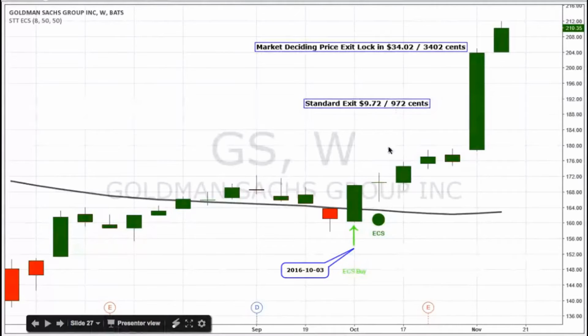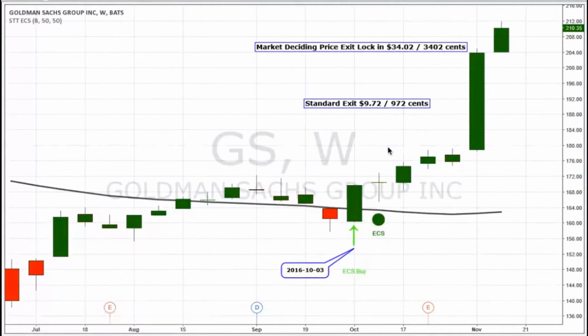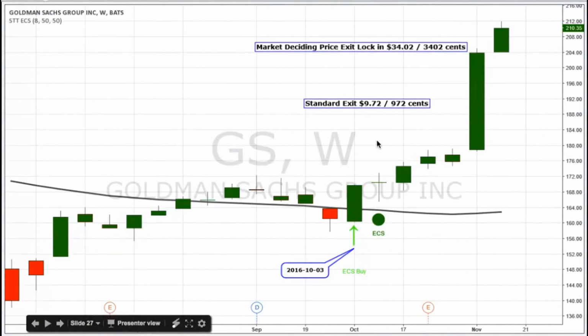So on this trade, you would have made $9.72 per share. Imagine if you had 1,000 shares, you'd have made over $9,000 in just the standard exit. Now, for the market deciding price exit, it locks in a profit of $34.02 per share.